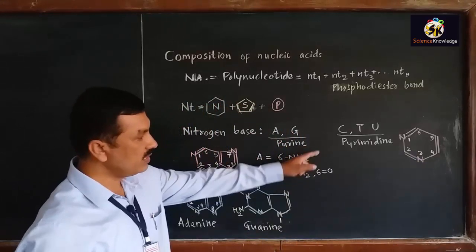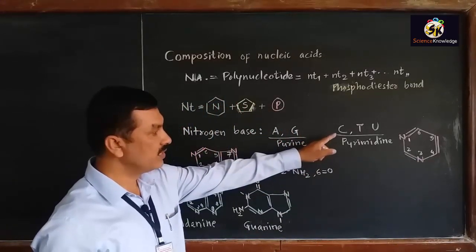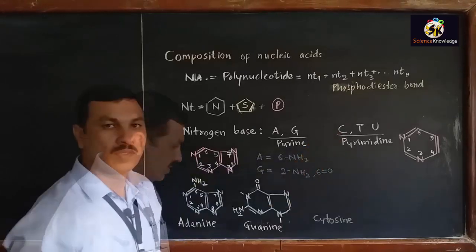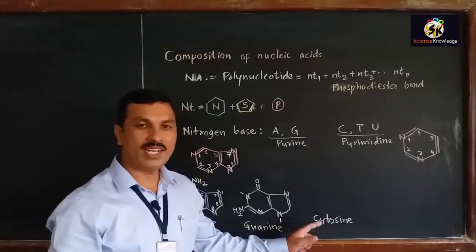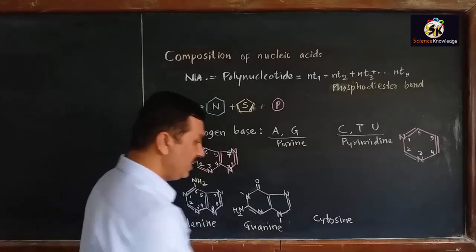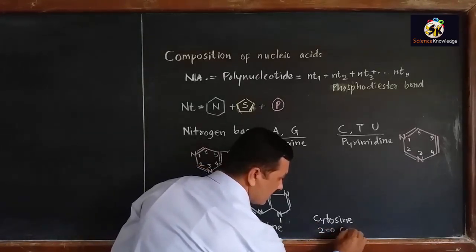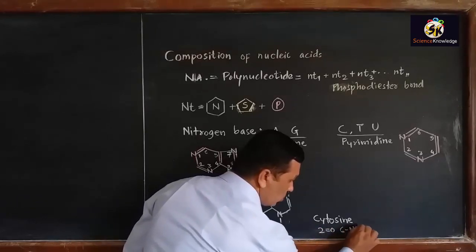Now we have to draw the structure for cytosine, thymine and uracil. So the additional groups for cytosine are 2 double bond O and 6 NH2.